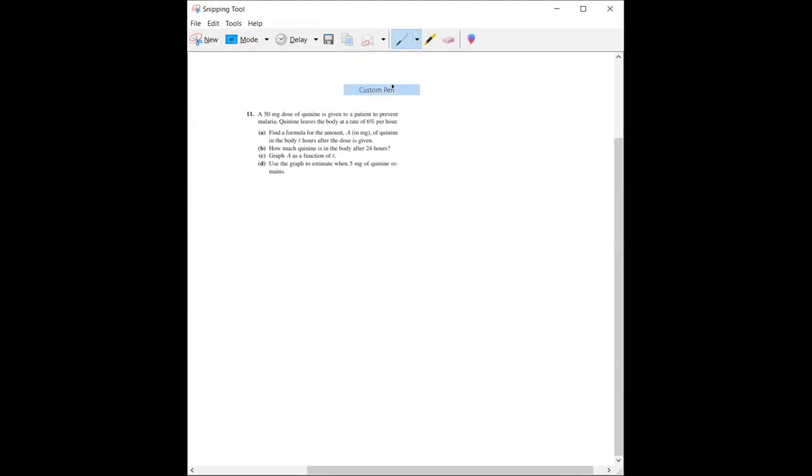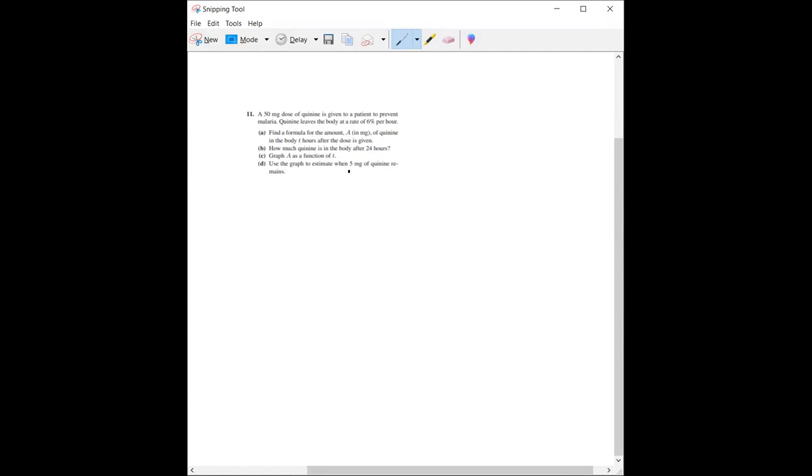Okay. A 50 mg dose of quinine is given to a patient to prevent malaria. Quinine leaves the body at a rate of 6% per hour. Do you remember our nicotine question? That was going at a certain rate of milligrams per hour. This is a rate of 6% per hour. So it's going to look a little bit different.